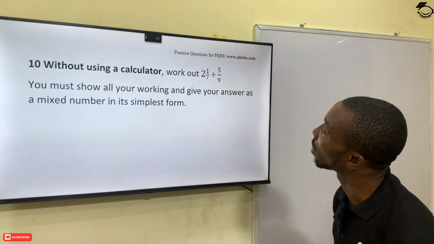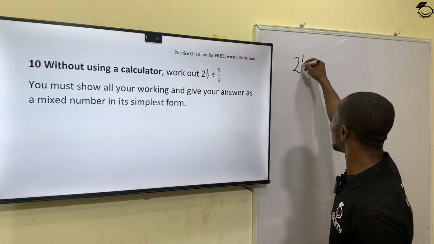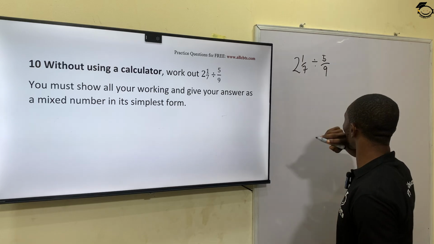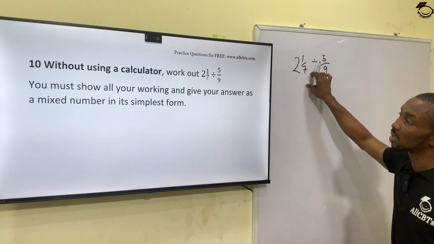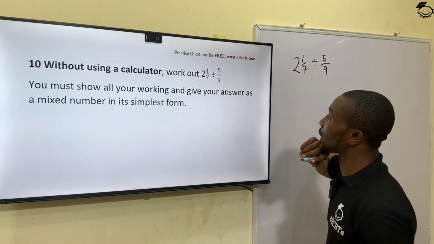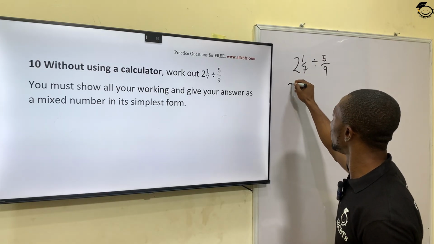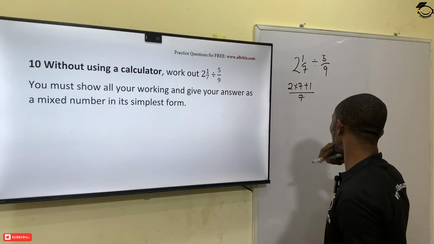Without using a calculator, work out two whole number 1/7 divided by 5/9. Now, first off, we'll change our mixed number into an improper fraction. In doing that, we have 2 times 7 to be 14, 2 times 7 plus 1 all over 7.